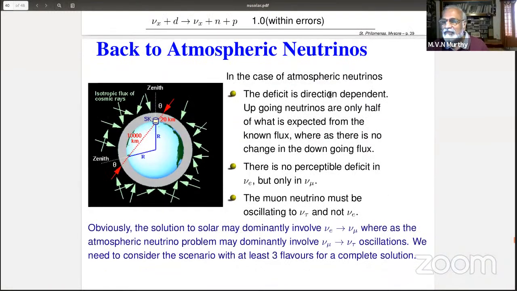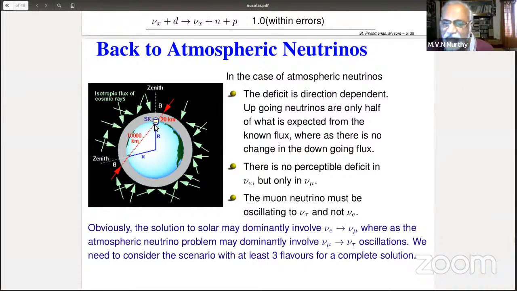We had a problem there. The problem was that neutrinos are produced all around the Earth in the atmosphere, and most of them are produced at an altitude of about 14 kilometers. So if you have a detector here, the SK detector, neutrinos coming from above will travel about 14 kilometers if directly above, and those coming from the other side of the Earth travel a very long distance.